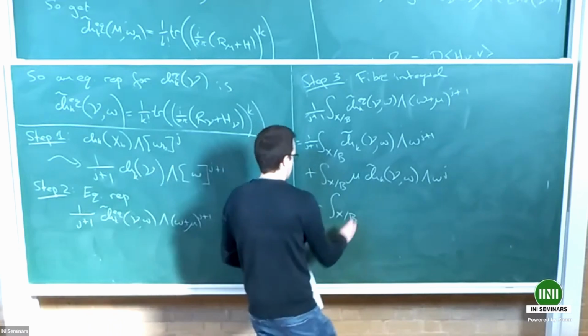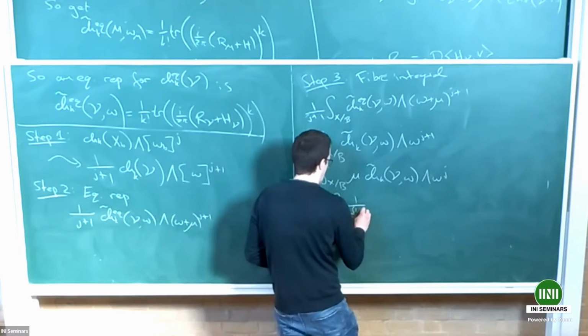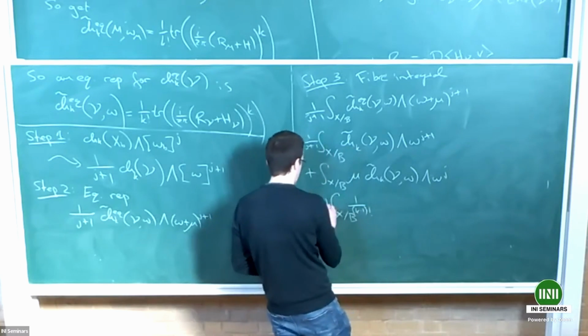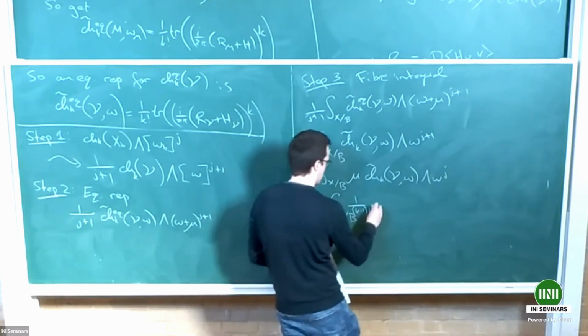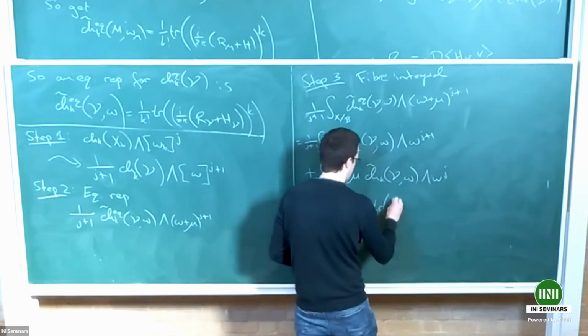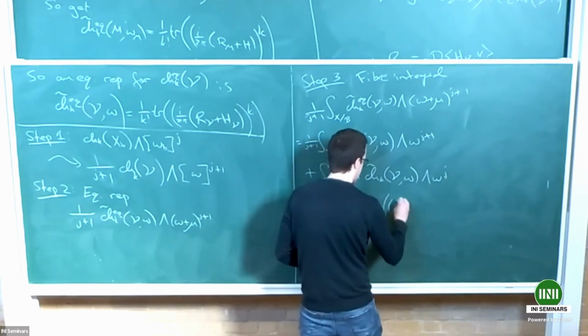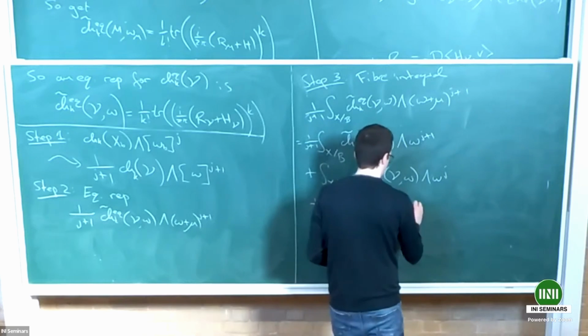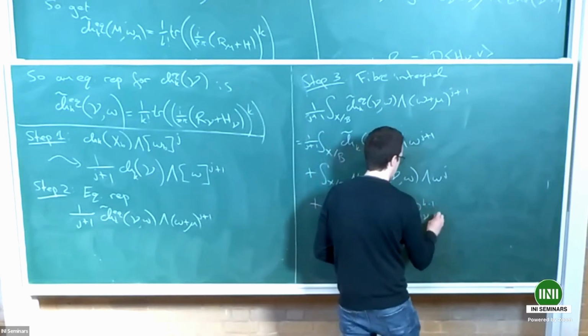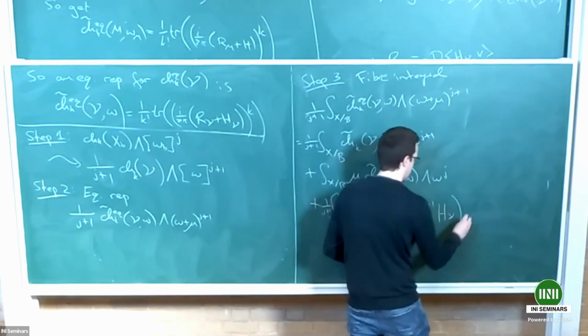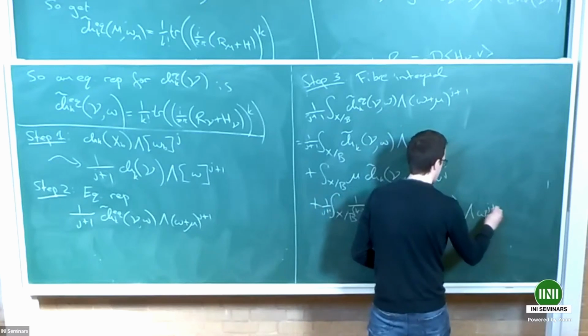So what happens there? So we get 1 over k minus 1 factorial now. Still have the 1 over j plus 1. Trace of I on 2 pi still to the k. Rv to the k minus 1 hb, which omega to the j plus 1.